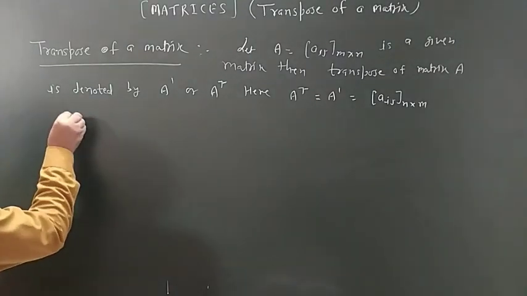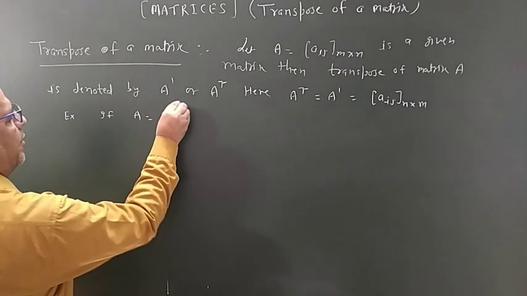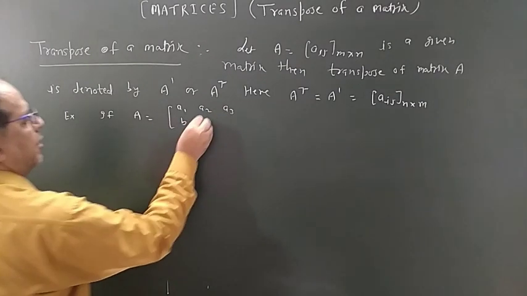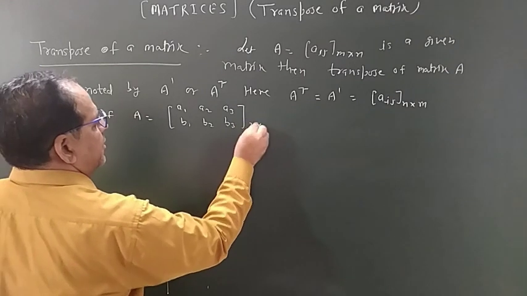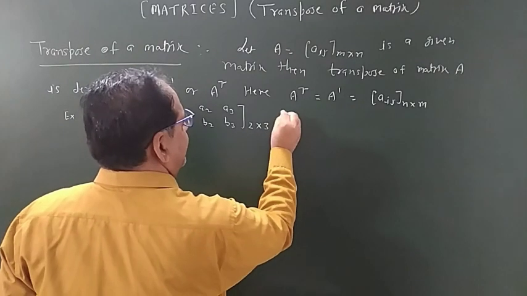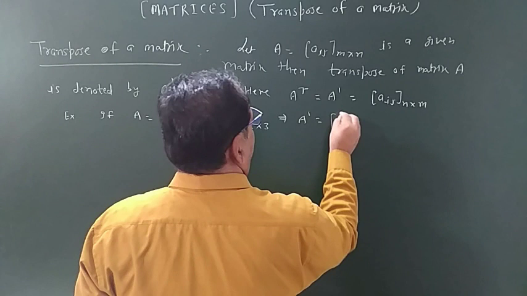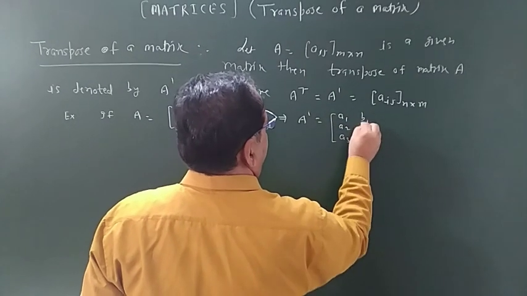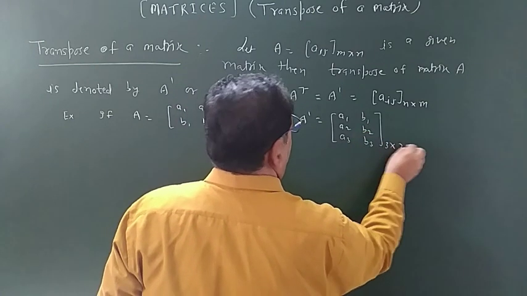For example, if A equal to A1, A2, A3, B1, B2, B3, this is a matrix of order 2 by 3. So this implies that A dash equal to A1, A2, A3, B1, B2, B3 arranged as 3 by 2.